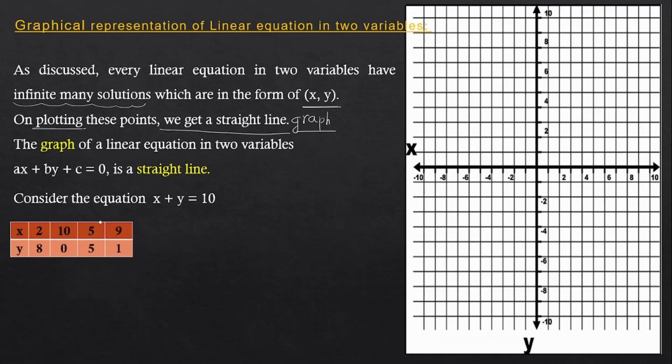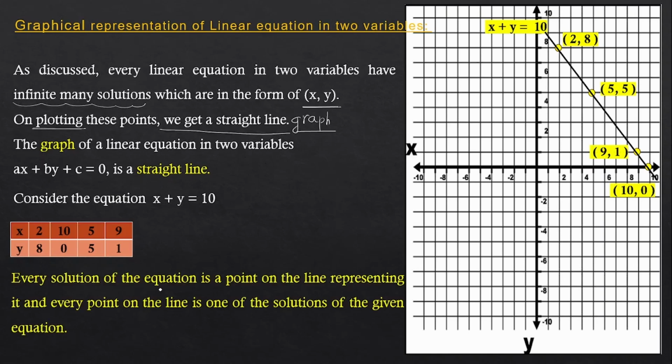Now, if on a graph sheet we plot these points, the first point is 2 comma 8, this one is 10 comma 0, 5 comma 5 and 9 comma 1. We have plotted all the points. Now, if I join these points, we get a straight line graph. So, every linear equation in two variables can be represented in the form of a straight line graph. Every solution is a point on the line representing the graph.